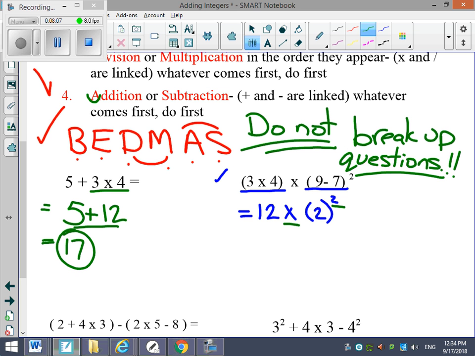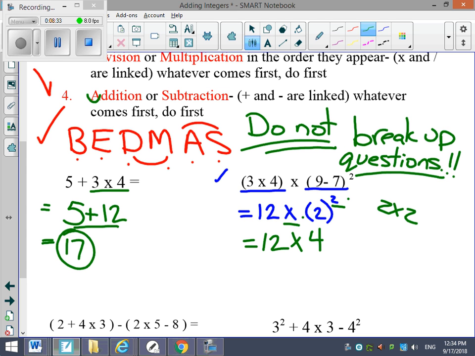So I'll refer back to my acronym, back to my little helpful BEDMAS, and it tells me that exponents come before multiplication. So I have to rewrite it, keep the same order because I haven't touched that 12, and I'm going to multiply it by whatever 2 to the power 2 is. We know that 2 to the power 2 is really just 2 times 2. So my new question is 12 times 4.